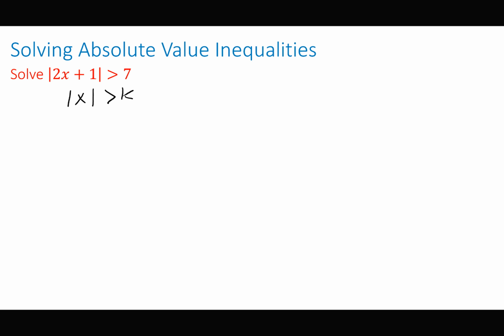And if I know the absolute value of x is greater than k, so again, when we did our number line, it's going to be negative k to k. But now we're going to be shading outside on each one. And so this is going to be x is less than negative k, and x is going to be greater than a positive k. Again, we have to know these relationships to be able to continue on.